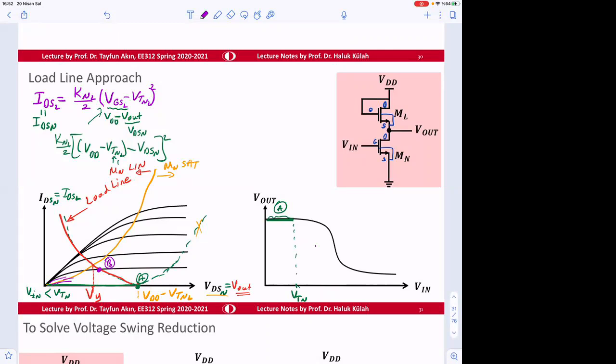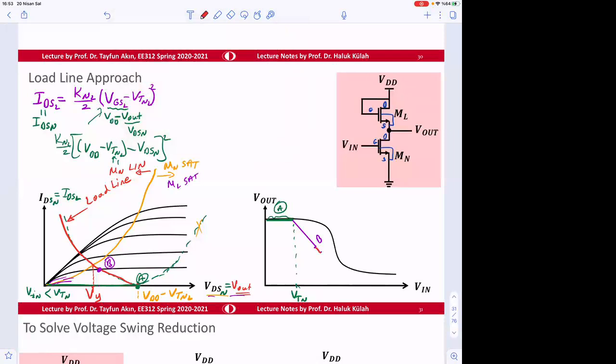Because this is output, right? In terms of output, maybe it's somewhere around here. So that's B. And we know that both of them are in SAT mode, this is Mn SAT and ML also SAT. So therefore it will go linear, and somewhere around here we continue.